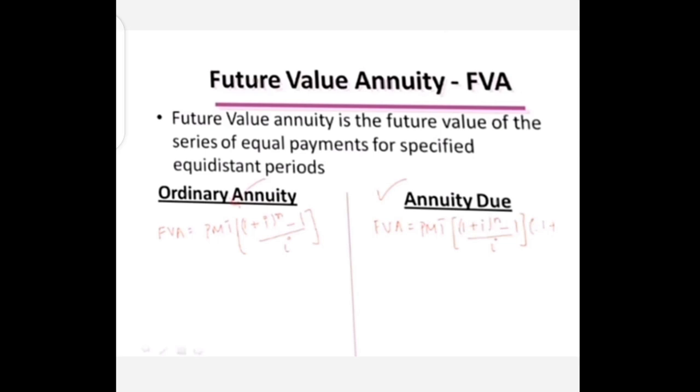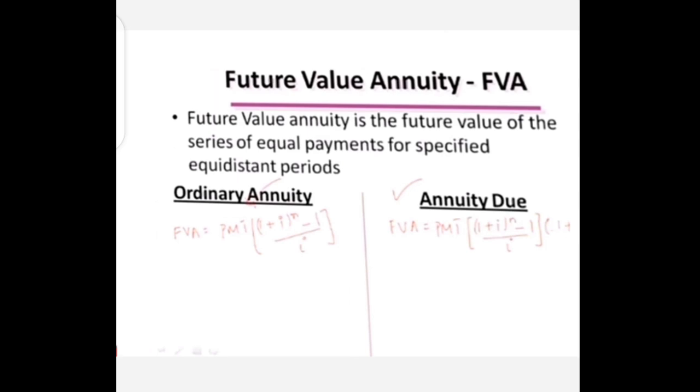So the future value of an annuity can be found by using PMT times (1 plus I) to the power N minus 1, divided by I. How can we calculate the annuity due? It will be calculated simply by using the same formula as the ordinary annuity, but we multiply it by another factor, 1 plus I, as we will be making payments at the beginning of each period.